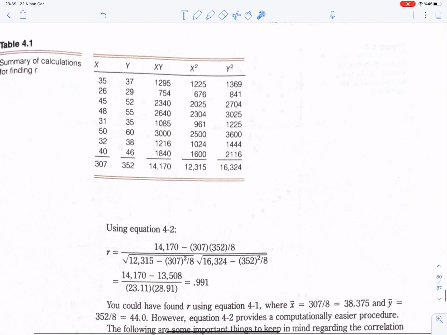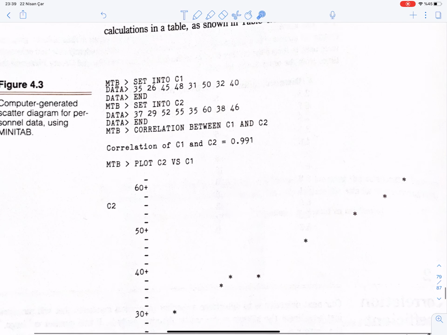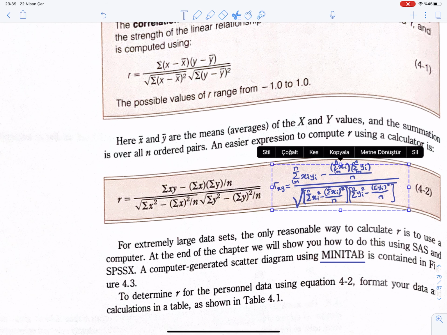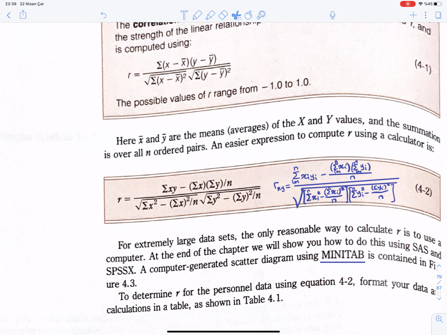Okay, let me copy my formula. Let's see. Okay, copy it all.